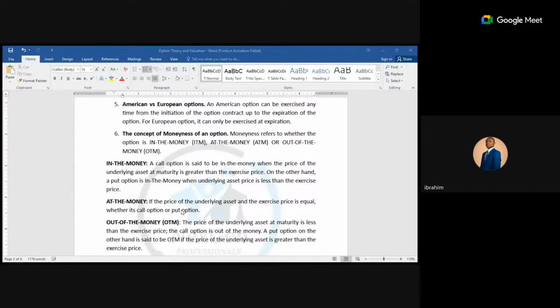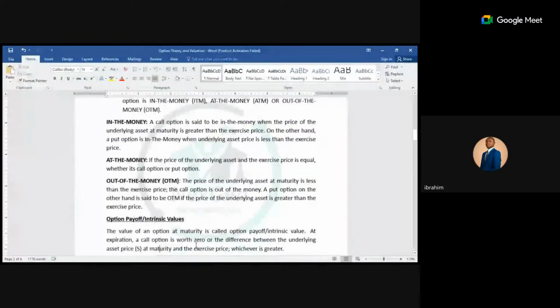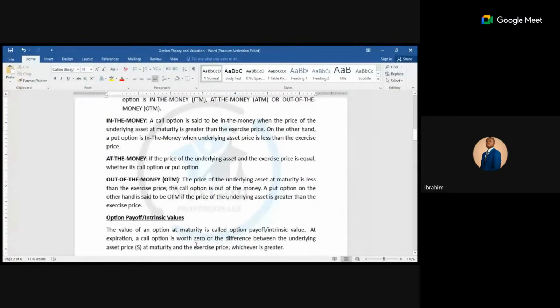And we have what we call in the money, at the money and out of the money. Please, you need to pay attention to all these terminologies, because as we move on, that is what we'll be using. What is the underlying asset? And what is the exercise price or strike price?